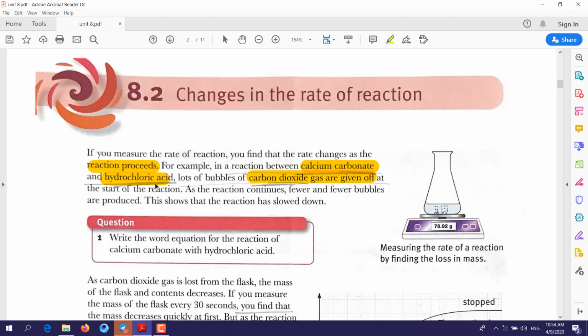When this chemical reaction just starts, lots of bubbles will be produced at the start of the reaction. As the reaction continues, fewer and fewer bubbles are produced. This shows that the reaction has slowed down.